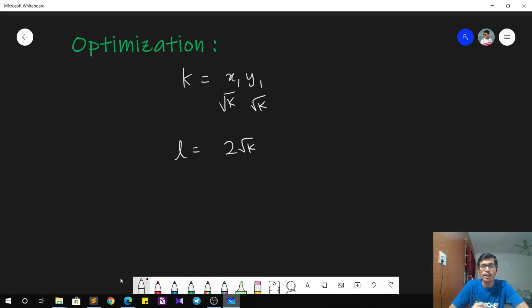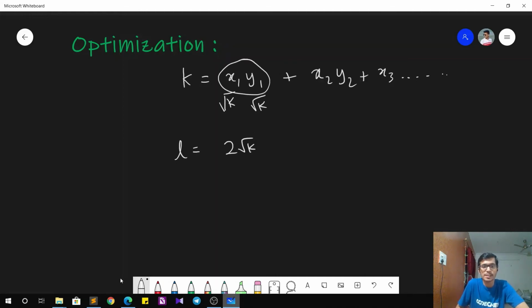And if we are trying to increase the number of terms, that is x2 y2 plus x3 y3 and so on, it means that we are introducing these terms so that we can reduce the minimum length. We know that by using just one term, the maximum length was 2 root k.